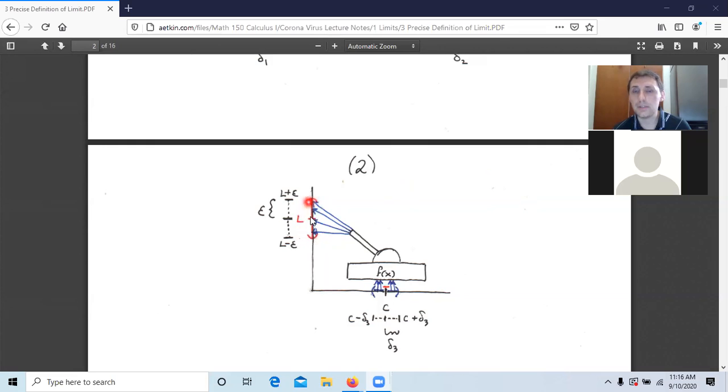Do you see? I think of that interval as a pipe. And if I launch a particle near C somewhere, and it lands within this red pipe, then the detector, the machine, is not able to say whether or not it's L, so it concludes that the value is L. You understand? Let me give you an example.